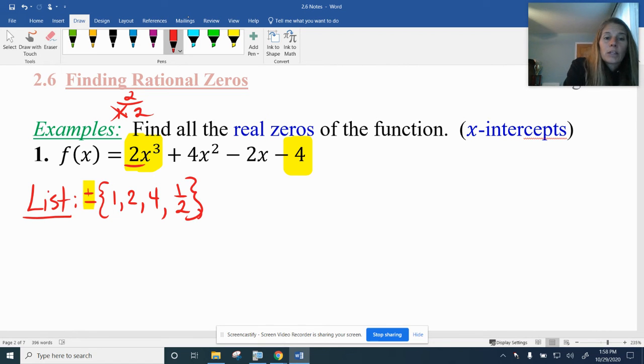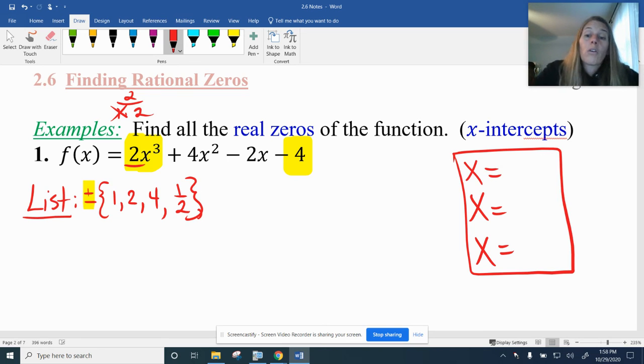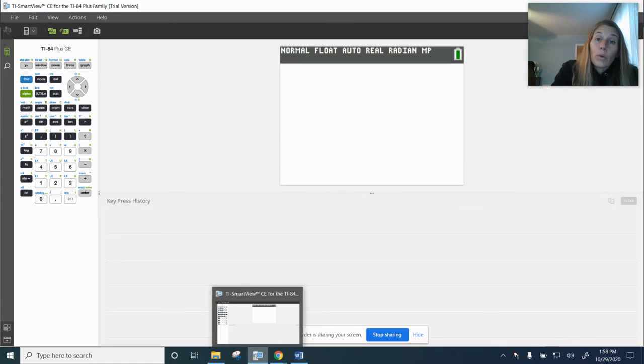Again, this is a cubic, so we know we're going to have 3 solutions or 3 zeros, and we're going to look on the graph to see if they're all x-intercepts. That also helps because you don't have to randomly guess from this list, since the calculator will definitively show you which of these possible rational zeros are actually x-intercepts.